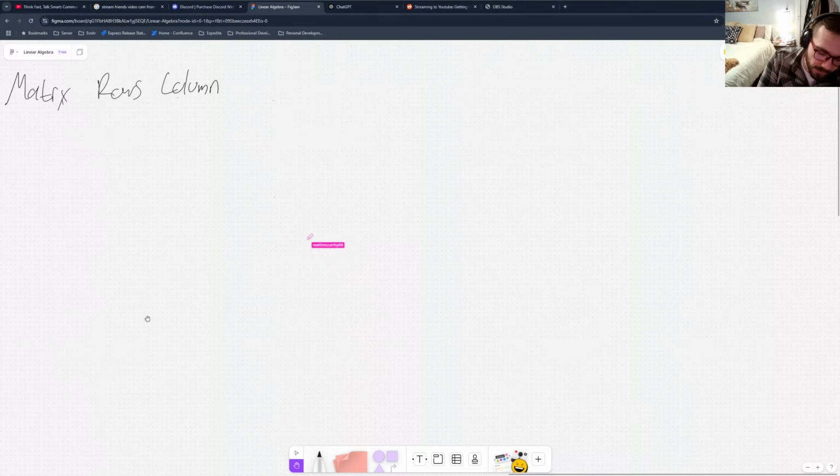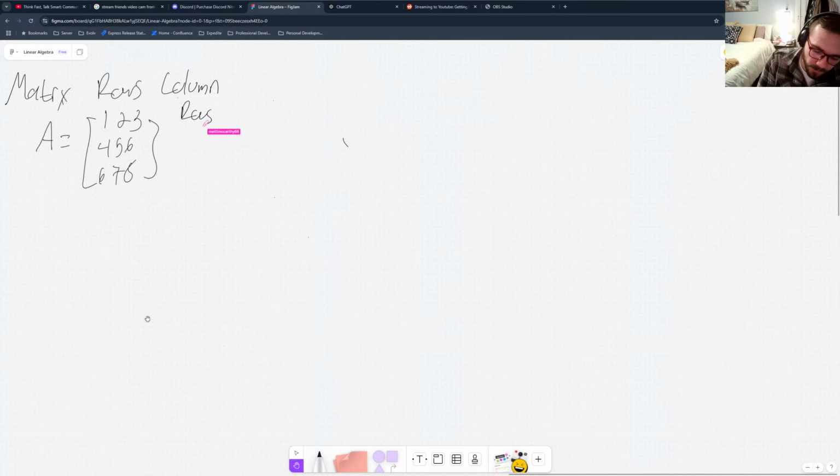So we'd say something like capital A equals this matrix 1, 2, 3, 4, 5, 6, 7, 8, 9. And we'd say that this has 3 rows and 3 columns. So we'd call this a 3 by 3 matrix.